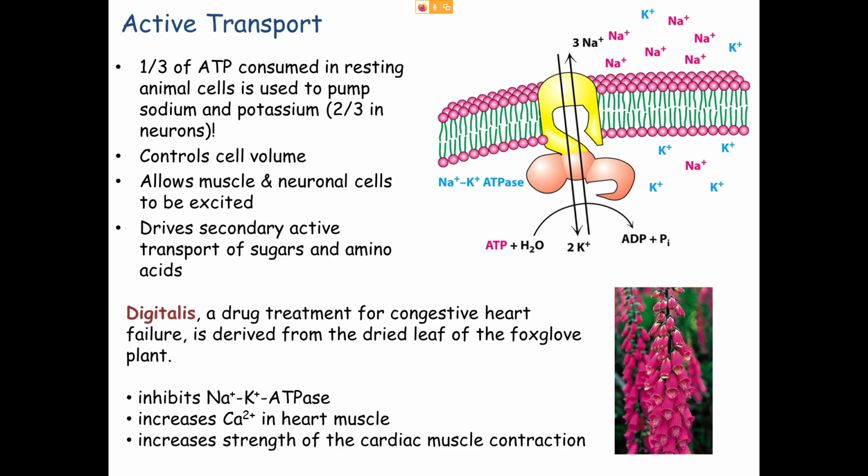So the cell can't put the calcium that's normally in the cytoplasm back into the ER, or the SR, the sarcoplasmic reticulum in a muscle cell. And since it can't put it back in because we don't have the gradient we need here, the concentration of calcium tends to stay a little higher in the cytoplasm, which makes the muscle contraction a little stronger. But if you do this too much, you'll kill the cell. Okay.